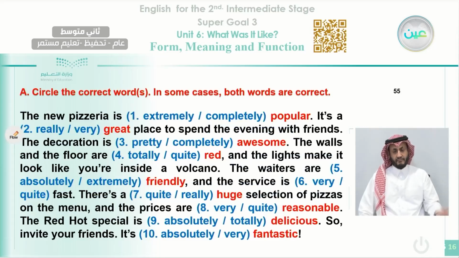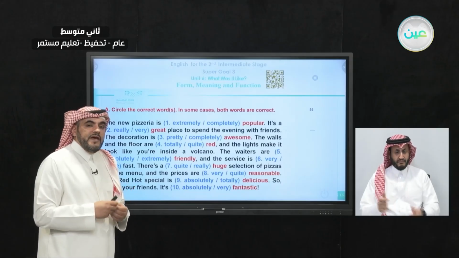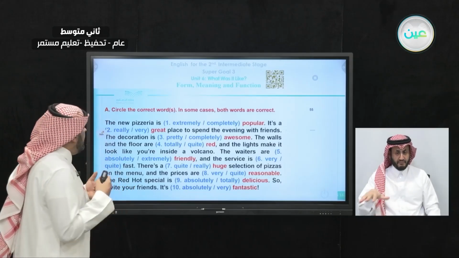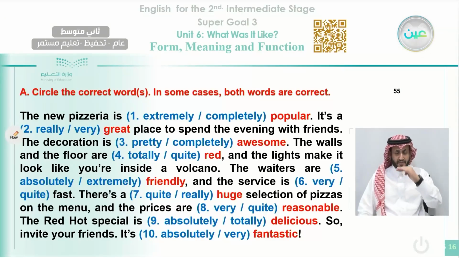Now we go to the exercise that we told you about. This is exercise A. You can find this exercise in your book on page 55. You can answer this exercise with us all together. Circle the correct words. We have here some intensifiers that are written in the blue marker. In some cases, both words are correct.